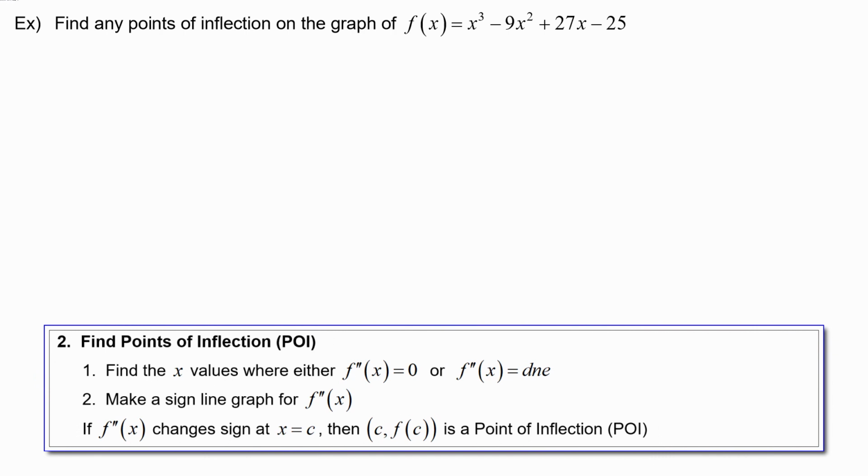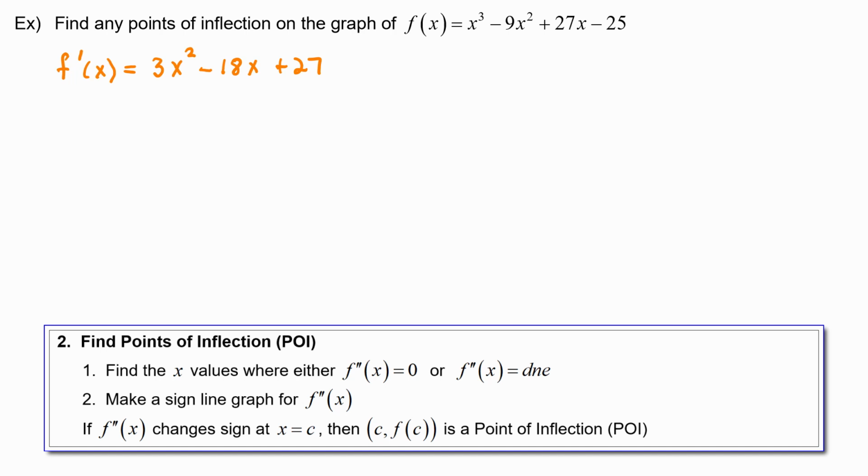And in order to get the second derivative, of course, we have to first get the first derivative. So f prime of x is going to equal 3x squared minus 18x plus 27, and the derivative of a constant we know is 0.